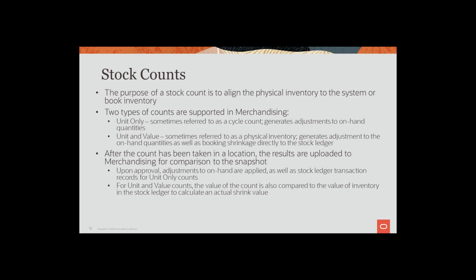Once the count results are approved, they are updated to the on-hand quantities. For unit-only counts, a stock adjustment is also posted to the stock ledger at this point. For unit and value counts, the count results are also compared to the book value of inventory based on the stock ledger. Any discrepancy in value is posted as shrink in the stock ledger.